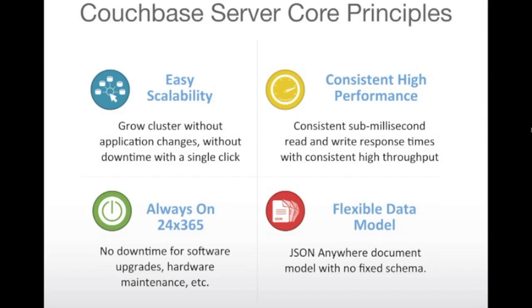Always on, 24/365. You don't have to take it down to change or upgrade Couchbase Server, add new machines, or anything. And the flexible data model is part of that always on. Unlike relational database systems, you can modify schema dynamically on the fly without having to take it down.